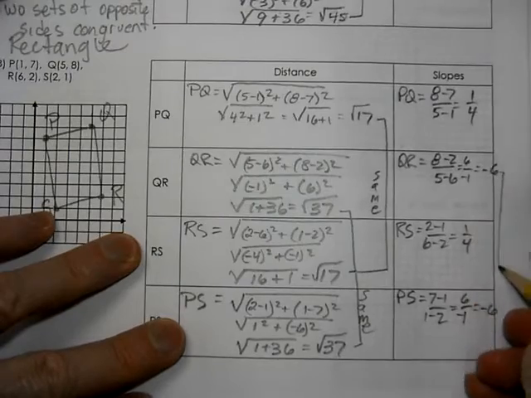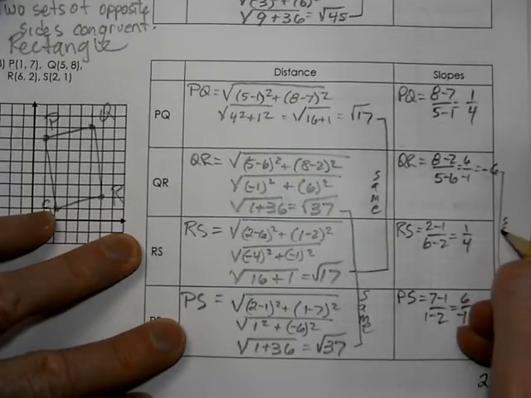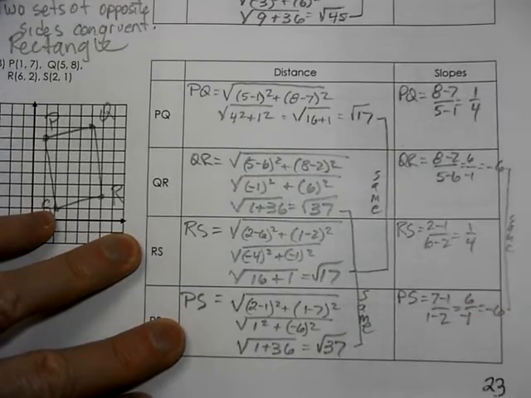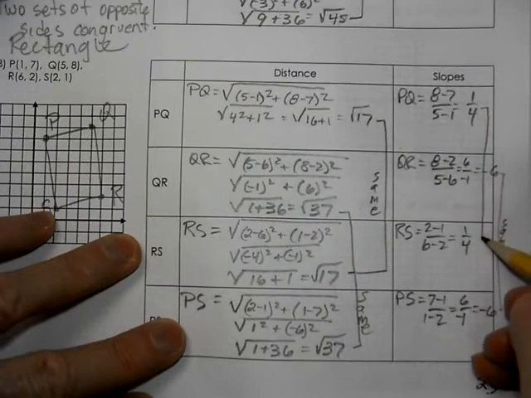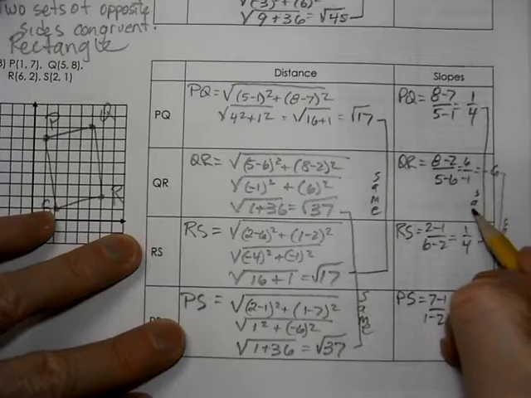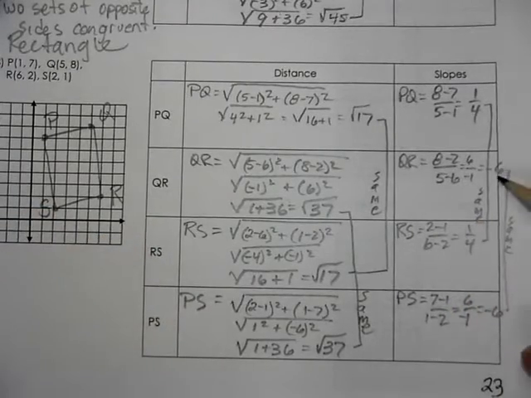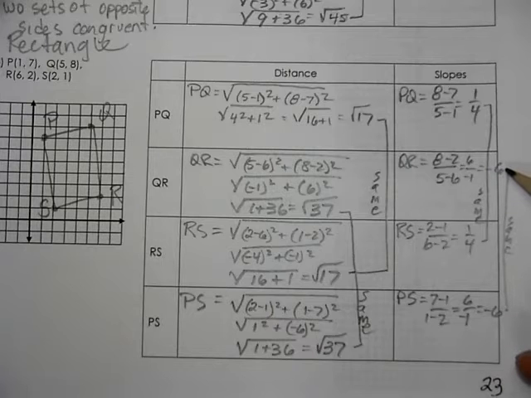So again, we have two sets. That's the same. That's the same. But if you notice the slopes themselves, they are not opposite reciprocals. They're opposites, but they're not reciprocals of each other. 6 and then the 1/4, not reciprocals.